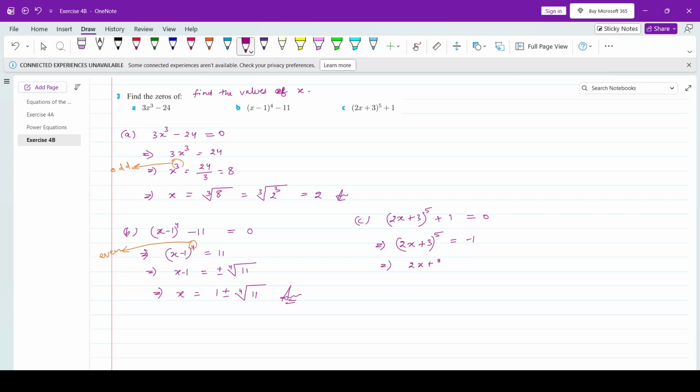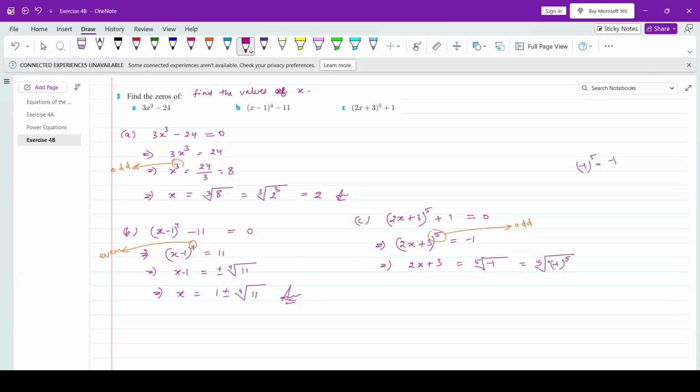And 2x plus 3 is equal to, as we know that this power is odd, so we don't need to put any plus or minus sign, the fifth root of negative 1. Now can we write negative 1 as negative 1 raised to the power 5? This number is equal to this same number, so negative 1 can be written as negative 1 raised to the power 5. Hence we can write it.